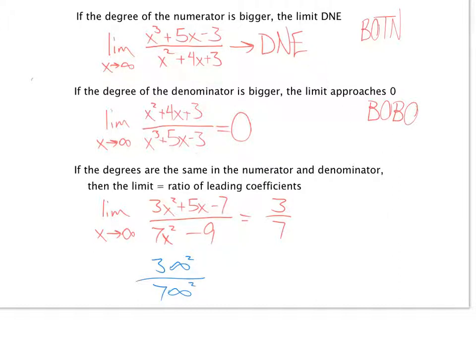The rest of this is insignificant because it's so tiny. Infinity squared over infinity squared is 1. So it's just 3/7. Well, anything except 0 divided by itself is 1.